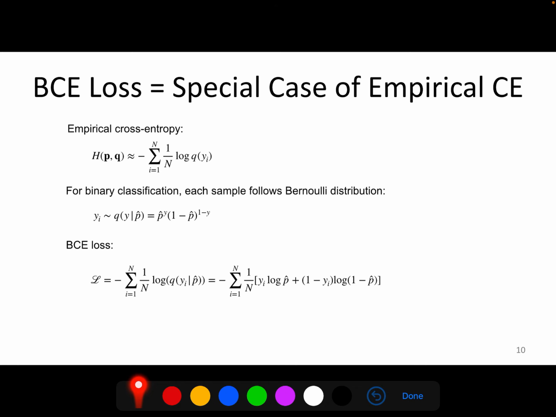So this is our expression for the BCE loss. Notice that in the BCE loss, we average over n samples. A large n is required for the law of large numbers to hold.